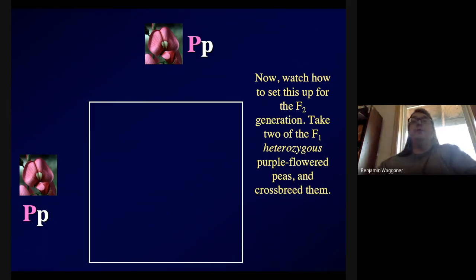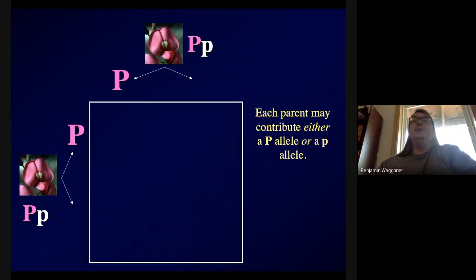And if we want to crossbreed these, each parent can contribute either a dominant purple flower, big P allele, or each parent may contribute a recessive white flowered allele, abbreviated little p, right? So each parent can contribute either a big P or a little p, but not both.